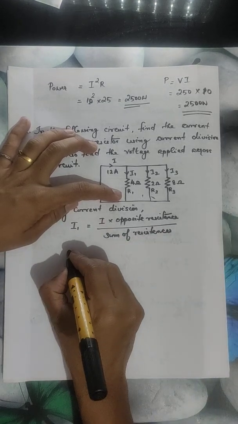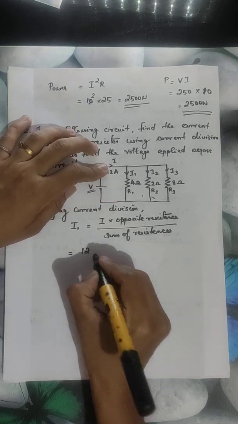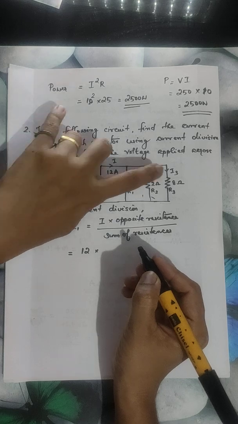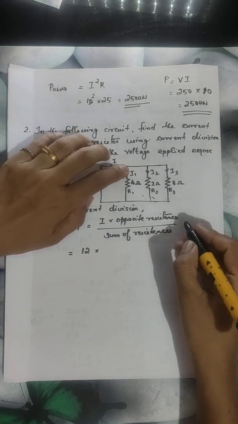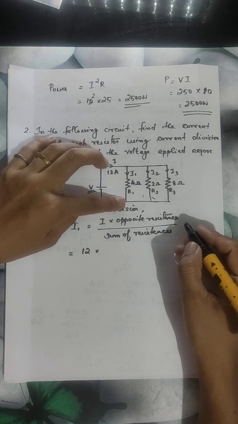Okay. So while calculating I1, the total current is 12 ampere into opposite resistance. So I1 is the current flowing through this branch, through this 4 ohm resistor.